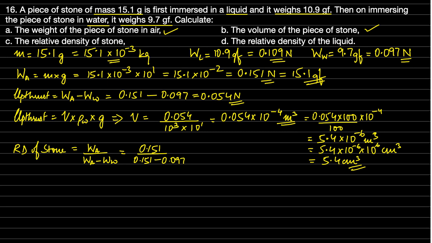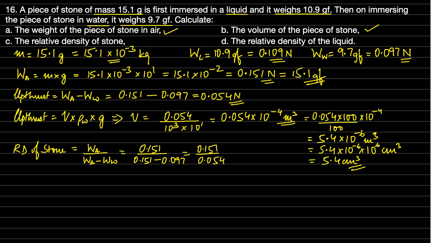So that would be 0.151 divided by 0.151 minus 0.097 gives us 0.054. So 0.151 divided by 0.054 gives us 2.79.